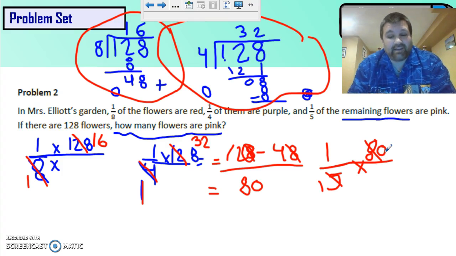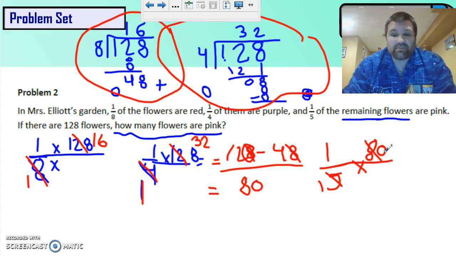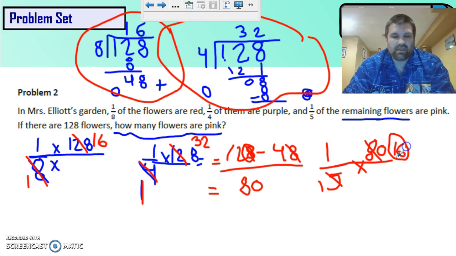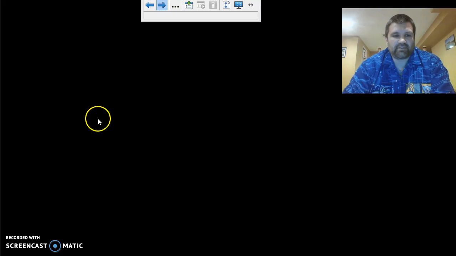Well, I know half of 80 is 40, and 5 goes into 40 8 times. And double that, and you get 16. Those 16 ones. So, how many flowers are pink? 16 flowers are pink.